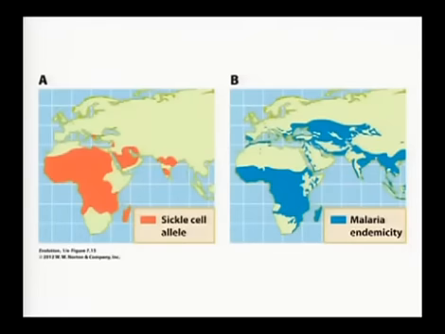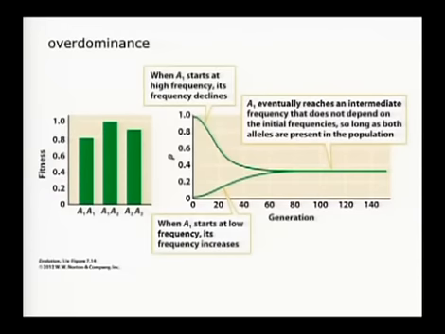So if we go backwards, this might be individuals that don't have either sickle cell allele, and this would be ones that are heterozygotes, and then this one is ones that are homozygous for the sickle cell allele. And if that's the case, then in tropical places where there's a lot of malaria, these guys are not affected by the malaria very much. The malarial parasite can't get at those cells easily.